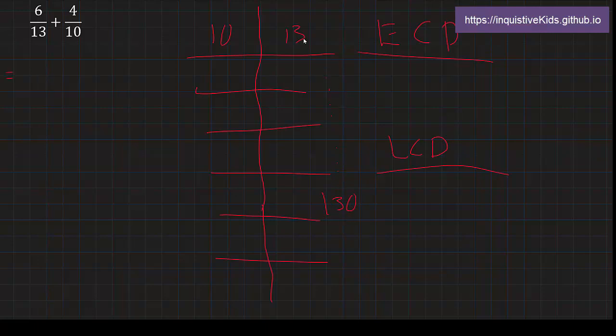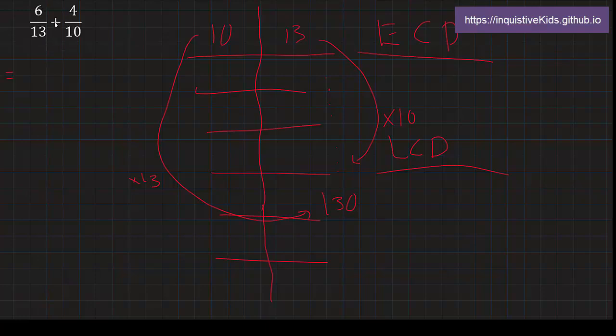And 130 divided by 13 equals 10. So that means that we multiplied a 10 to get there. 130 divides into 10 exactly 13 times. So that's why we multiplied a 13 to get from 10 to 130. Now, let's bring what we've done here to the problem. First, 6/13.